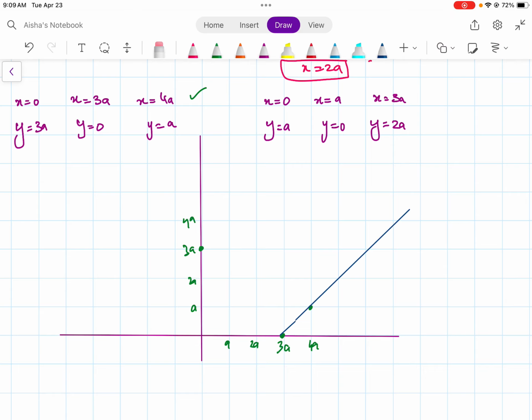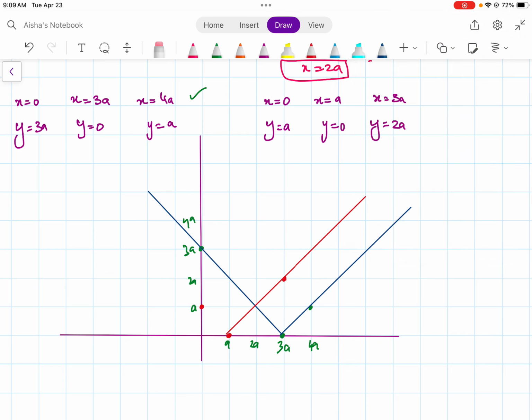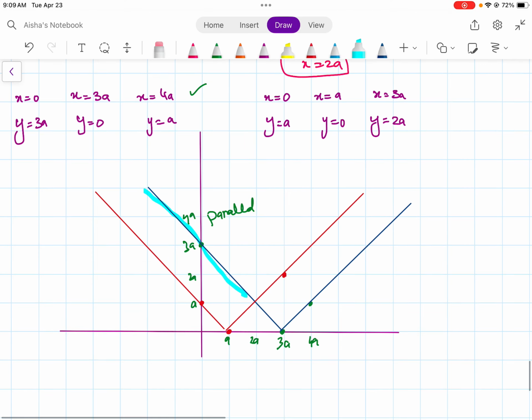So if I sketch, now at a it is 0, at 3a it is 2a, and at 0 it is again a. Okay, over here this side is parallel, this particular side, right?